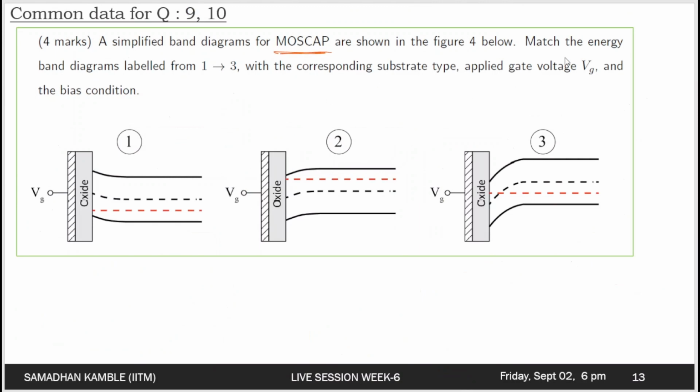We need to match the energy band diagrams labeled 1, 2, 3 with the corresponding substrate type and also the applied gate voltage and the bias condition. We have seen this a couple of times in the problem solving. So let us go to question number 9, and I want you to answer this.